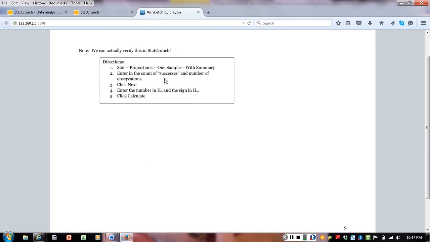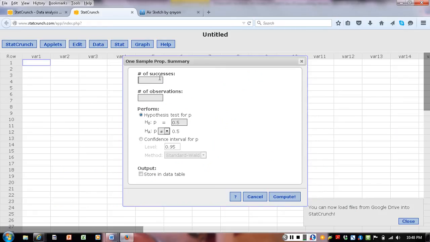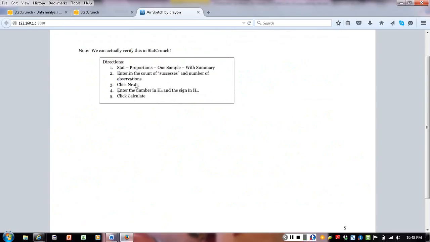Then we're going to enter the count of successes and the number of observations. Those two numbers create p hat, so the 148 out of the 245. Next it says to enter the number in the null hypothesis and the sign of the alternative.